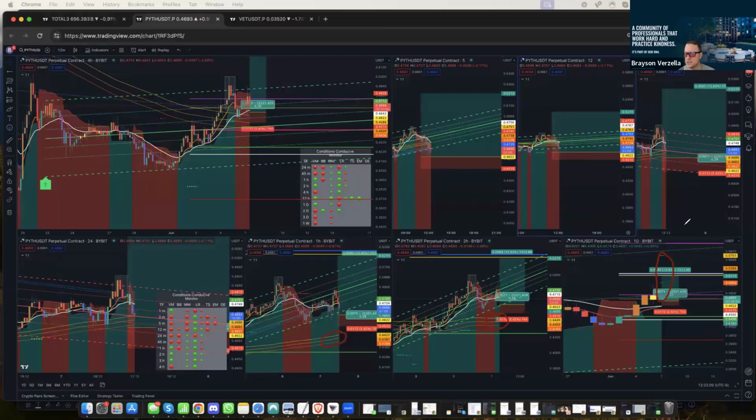Just so people know, as I get to this last frame, it's become my habit to take a quick glance. I usually leave this as the 4-hour, but I usually will take a quick glance at the 1 day. And for some reason, I'll take a quick glance at the 3-day.